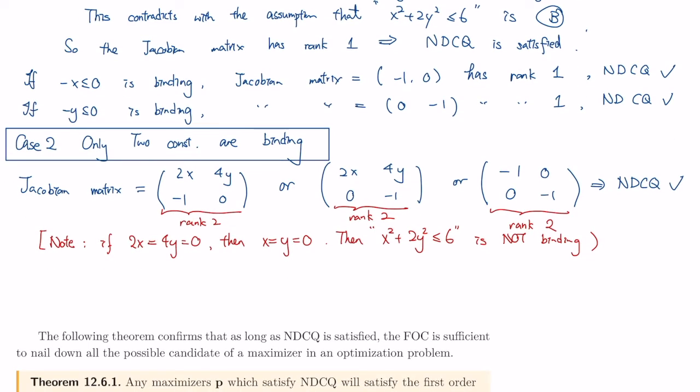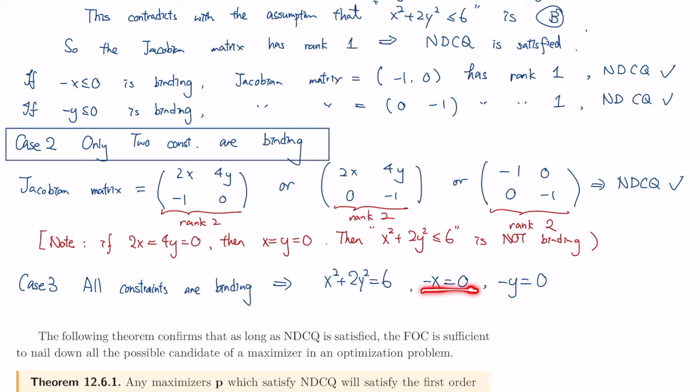The final case: if all constraints are binding, that means all three inequalities become equalities. So you have x squared plus 2y squared equals 6, minus x equals 0, and also minus y equals 0. Obviously this is impossible, because if minus x equals 0 and minus y equals 0, that means x and y are both 0.